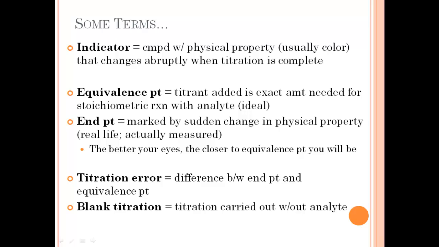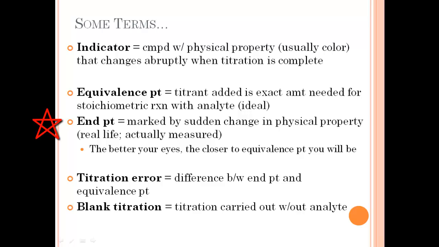The equivalence point, that's the exact point where titrant equals out analyte. So stoichiometrically, that's exactly how much is needed for the titrant to equal out with the analyte. Of course, this is ideal because more than likely we're going to surpass that point. The endpoint is what we're most accustomed to.